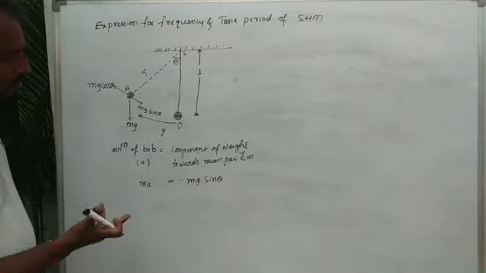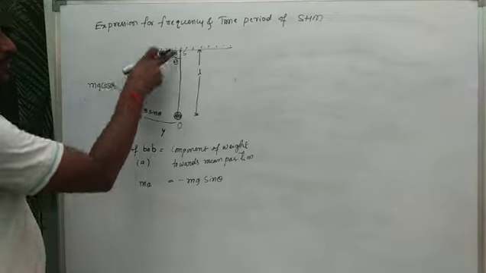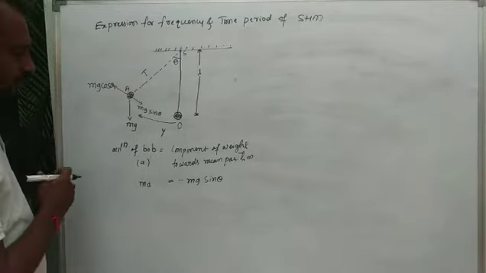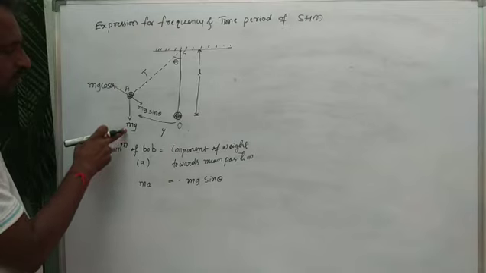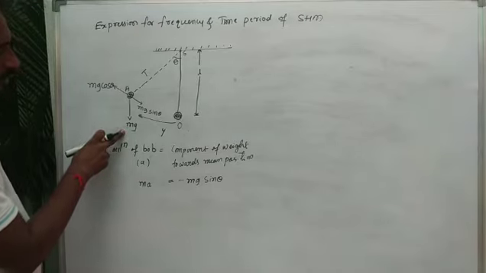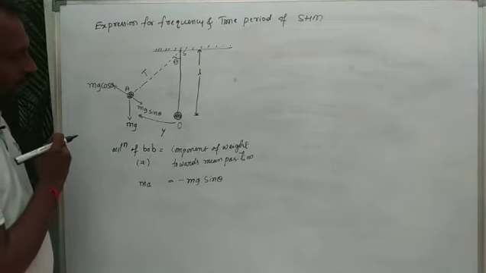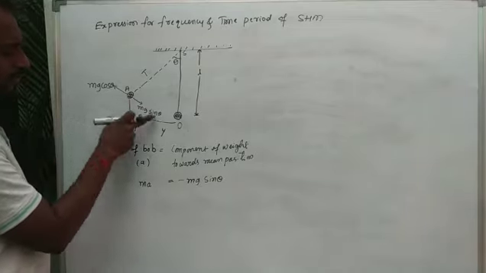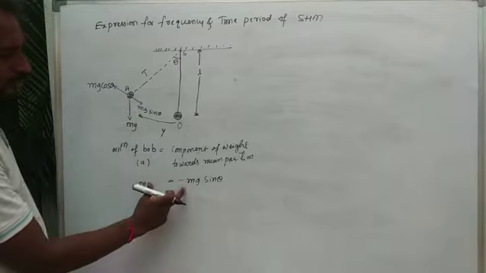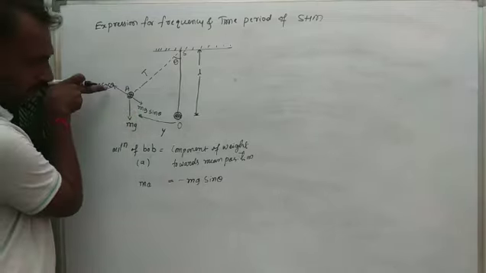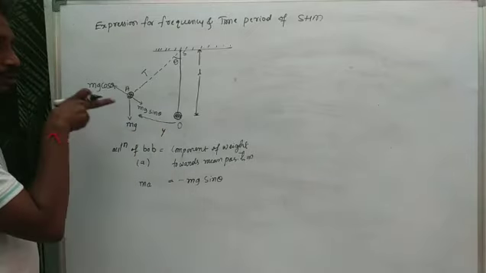Okay, we already know that the force acting along the string is T, the tension force, and downward is mg. So here the force in this side is mg sin theta, and we take it as minus. Why? Because this direction is towards the mean position.